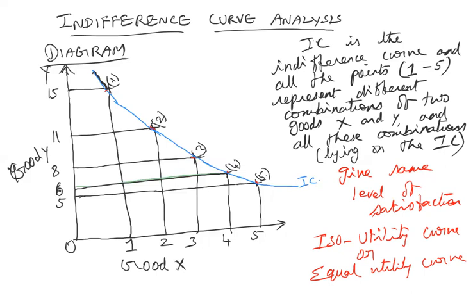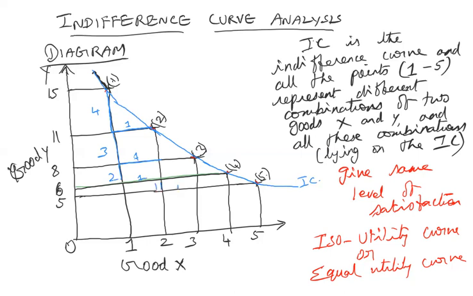Okay, and there is one thing you might be noticing here. This gap keeps on decreasing, isn't it? Initially 4 units of Y are sacrificed for an additional 1 unit of commodity X. Then later only 3 units are sacrificed for an additional 1 unit of commodity X. Like that, it keeps on going 2:1, 1:1.